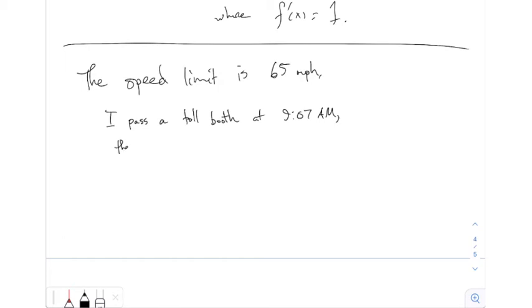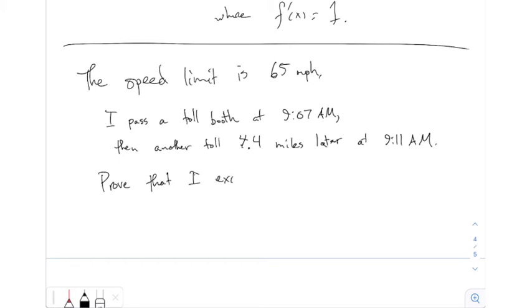And then another toll booth, 4.4 miles later, at 9:11 a.m. And your job is to prove that I exceeded the speed limit at some point. Right?